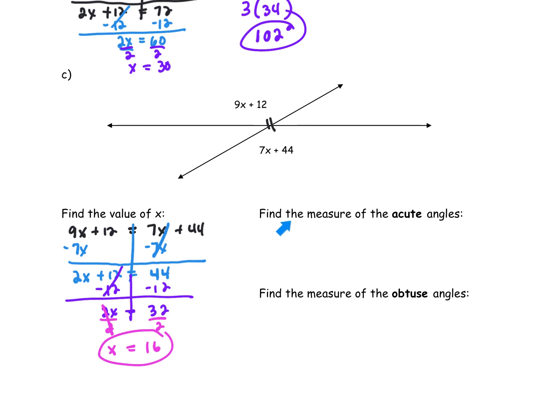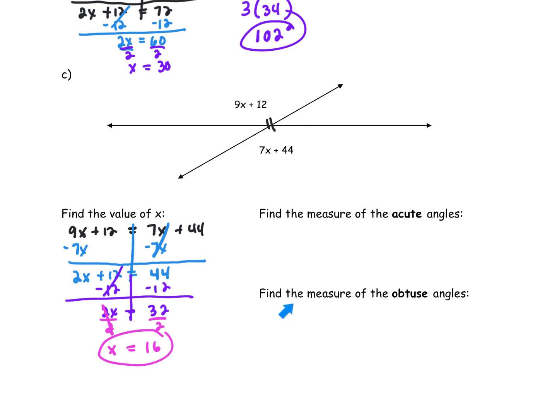We're asked now to find the measure of the acute angles. Well, that's these two angles. The obtuse angles are greater than 90. So I'm going to do this first. I can choose either one, and most of the time I go ahead and check both.